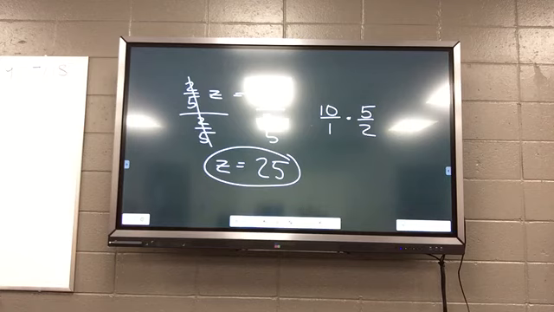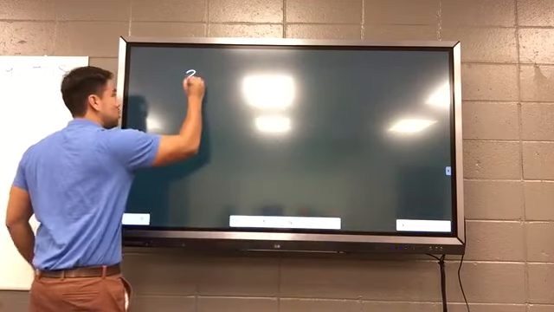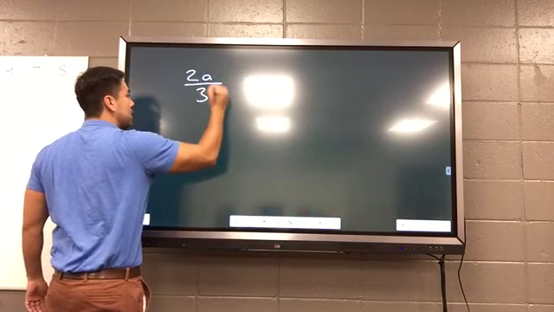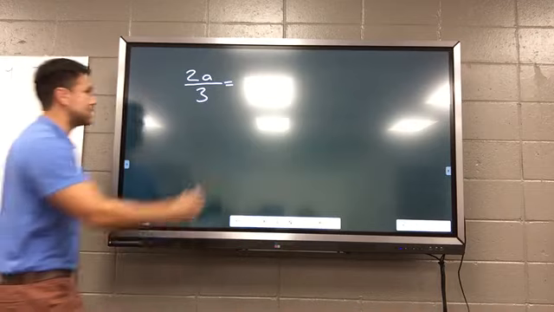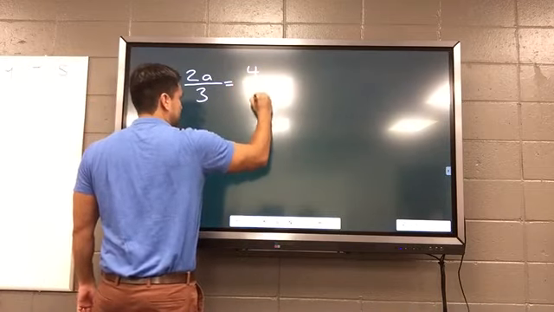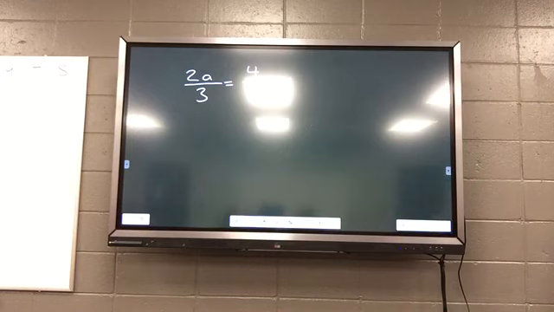This is the last type of problem we'll look at this morning, and I hope you guys can get it. Let's look at this equation: 2a over 3 equals 4/9. Somebody raise your hand and tell me if it's a multiplication or division equation. You got to give me which one.